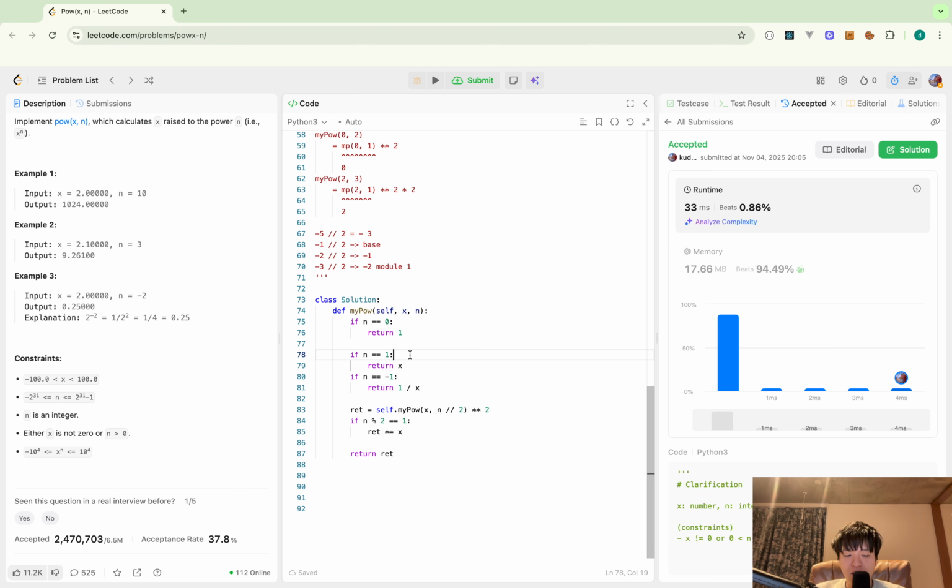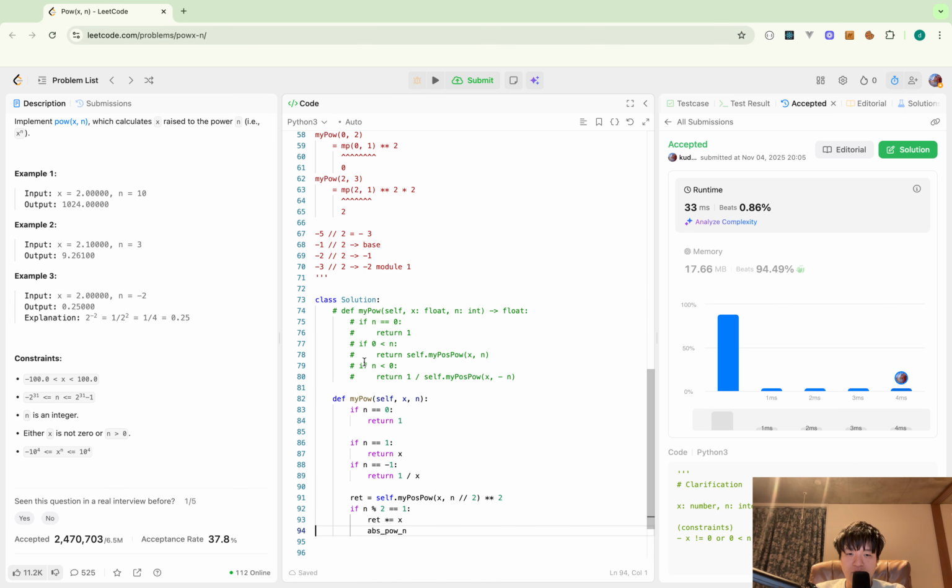So when I did something like this, it broke. But instead of doing this, if I distinguish the base cases n is 1 and n is -1 in the recursive function here, it didn't break.